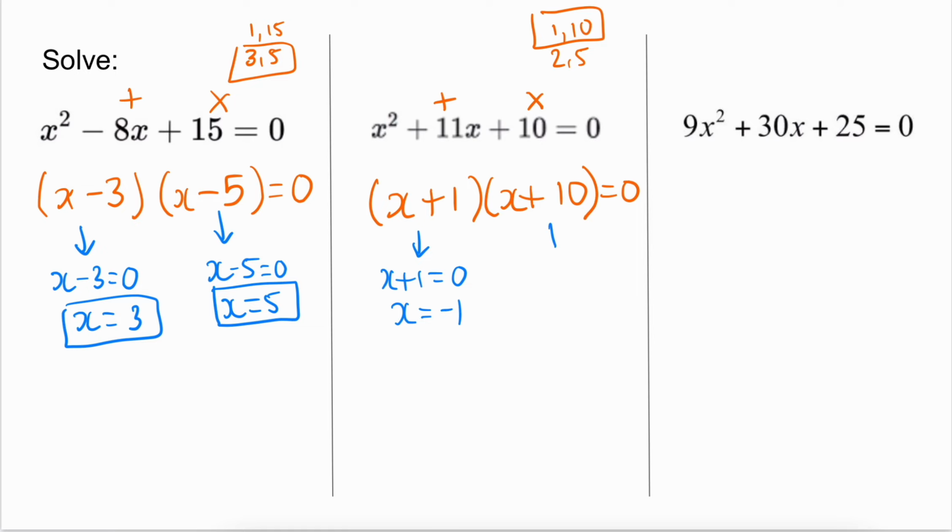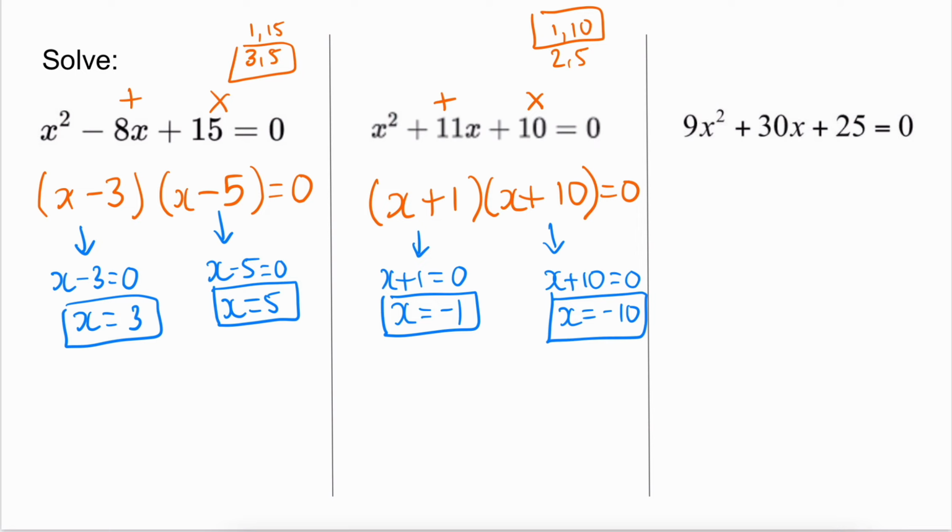Or x plus 10 is equal to 0. So if I subtract 10 from both sides, x is equal to minus 10. And they are my two solutions to my quadratic. So we often get two solutions, but not always. Sometimes it might be one, where it's repeated in both the brackets. And sometimes it might actually not be any solutions, where it's hovering above the x-axis.